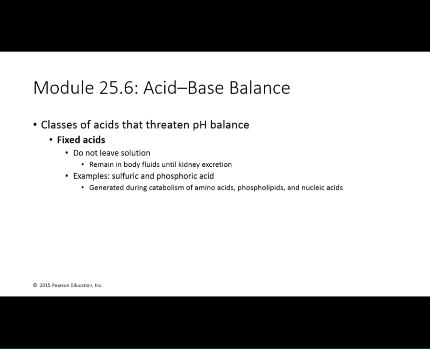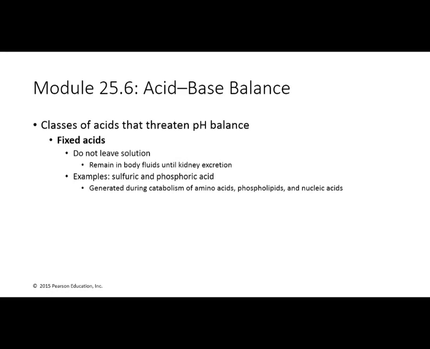So what kinds of acids do we have? Well, there's what we call fixed acids. These are the ones that remain in fluid. These are the ones that the kidneys are essentially working on. An example would be sulfuric acid, phosphoric acid, acids you may have heard about in a chemistry lab that are also found in our body.